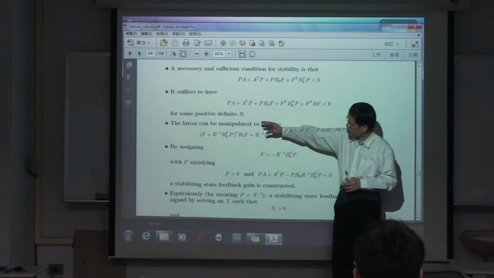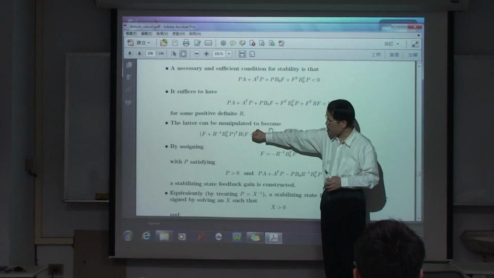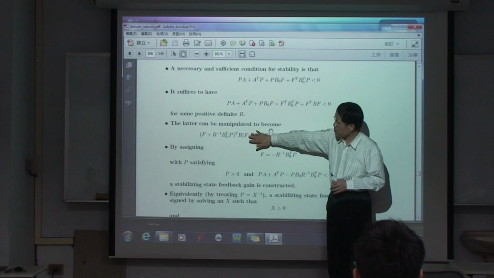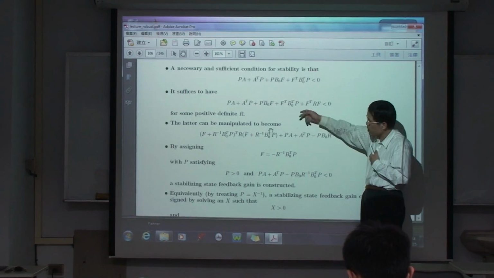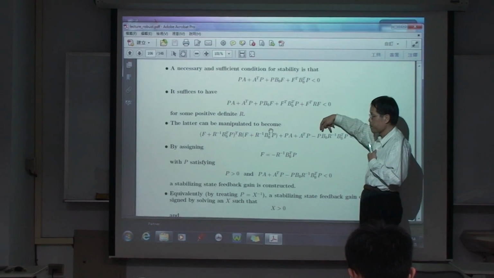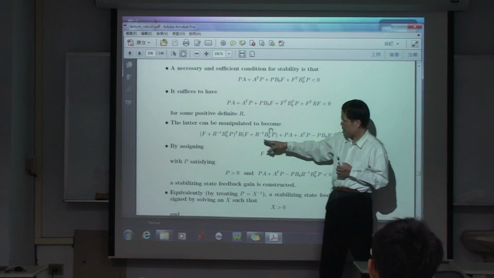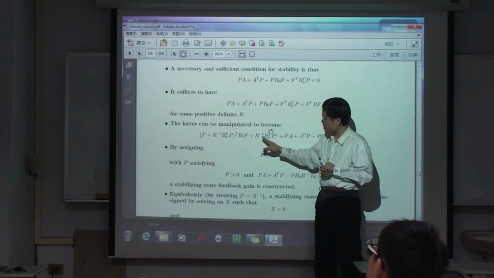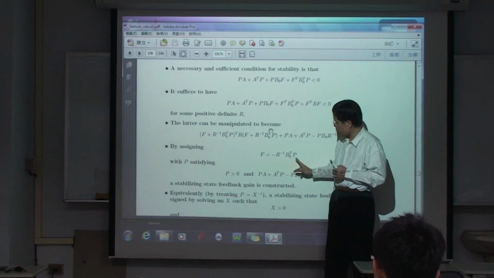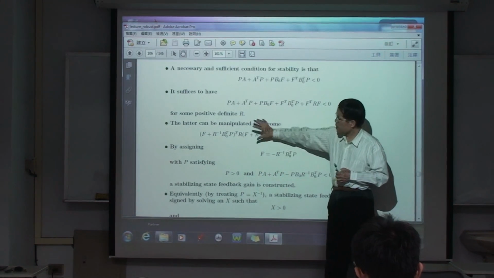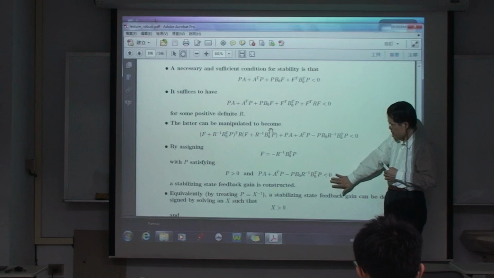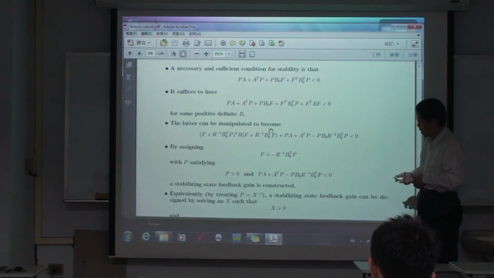So suppose you could suppress this, it will be better. That means suppose you can make it zero. That gives you more freedom to select P. Okay. So therefore, you could select F so that this term is zero, and so it's better. So if I select this one, then this term will be zero, and then you end up with this equation.